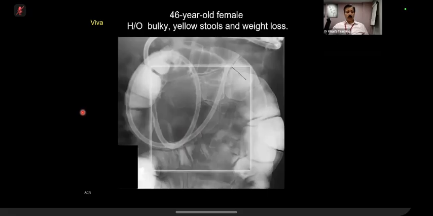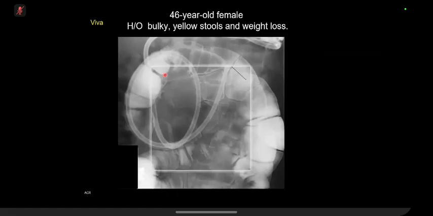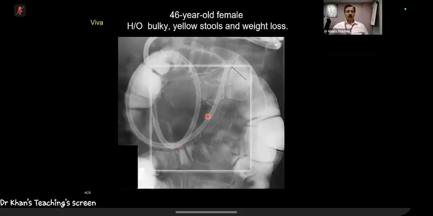Because of time factor, I'm going to ask you leading questions. This is a small bowel enterocolysis. Contrast is, so there is a catheter in the duodenum. And what is your finding?